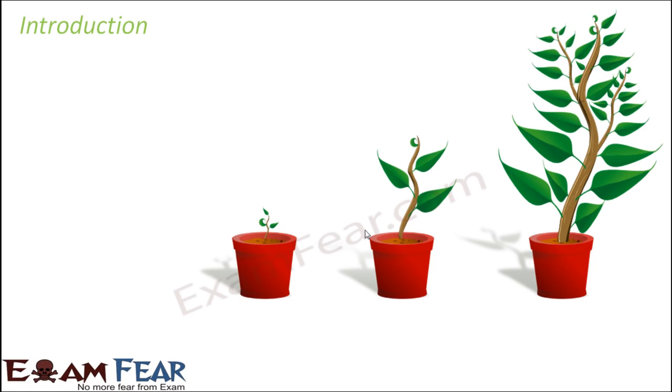I don't really need to introduce this lesson as the name is self-explanatory. So we are going to talk about the growth of plants. We all would have seen small plants, not only plants, even the seeds growing into huge plants, right?